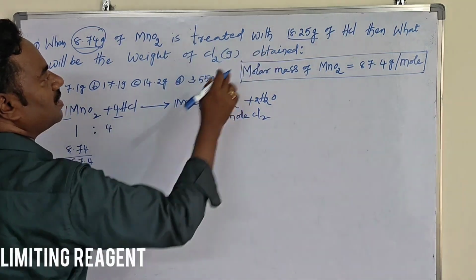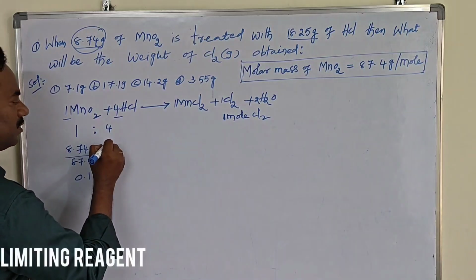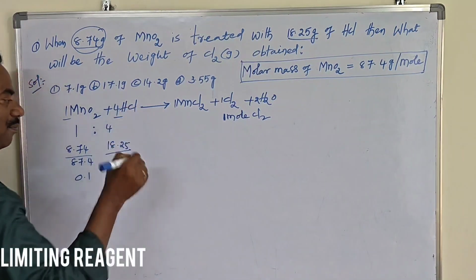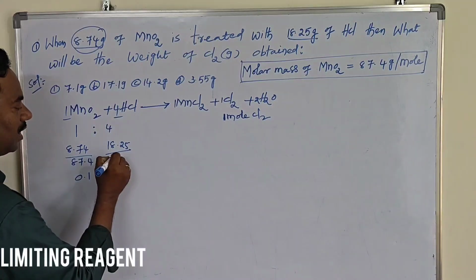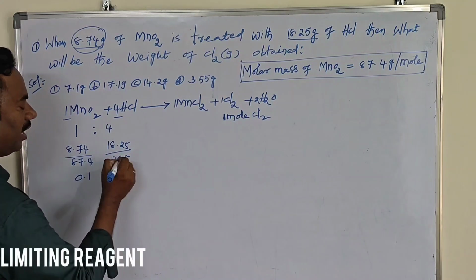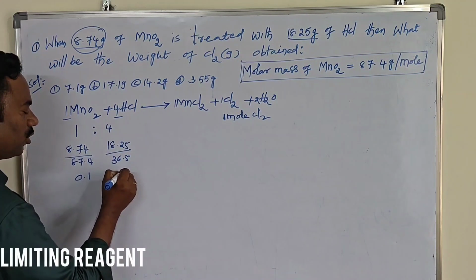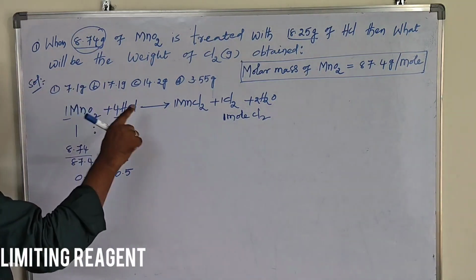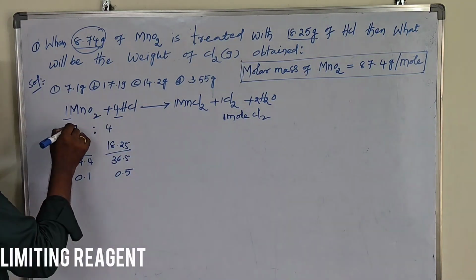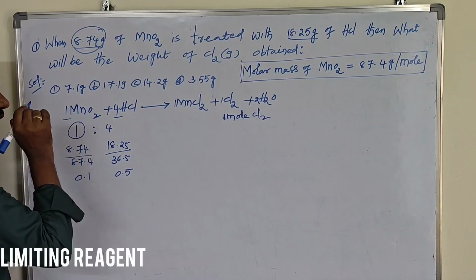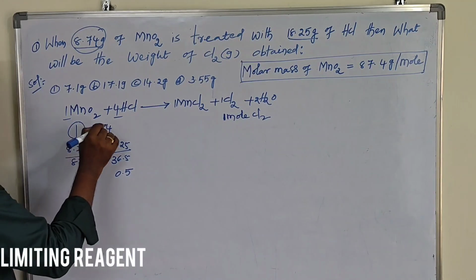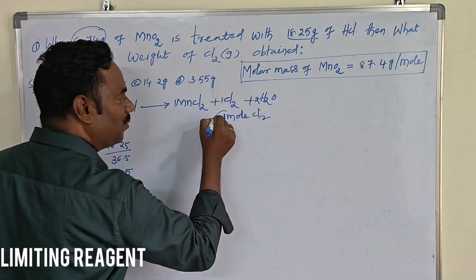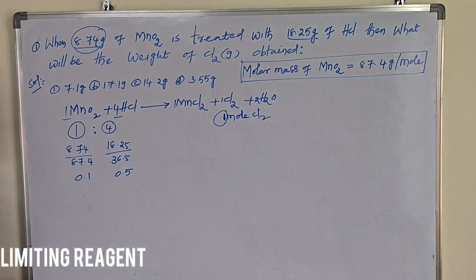Here the HCl mass is 18.25. HCl molecular mass is 36.5. So 18.25 divided by 36.5 equals 0.5 mole. Remember, from the balanced equation we know that 1 mole of MnO2 always reacts with 4 moles of HCl to produce 1 mole of Cl2.